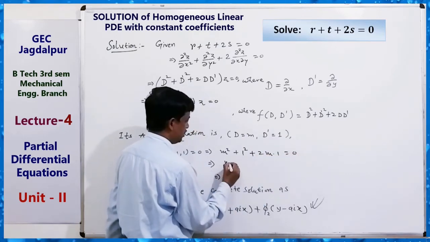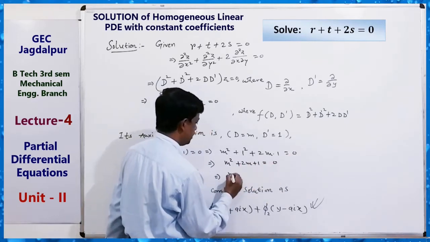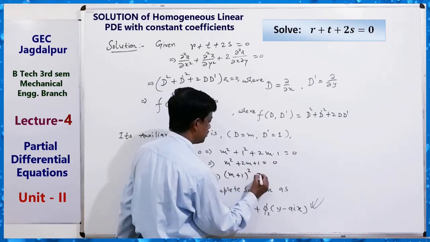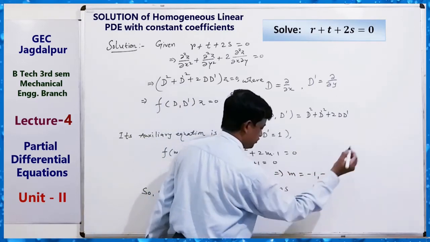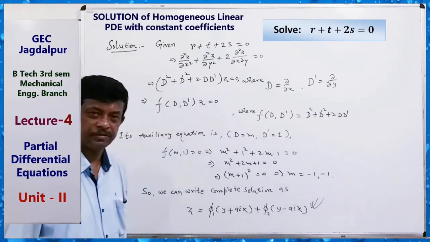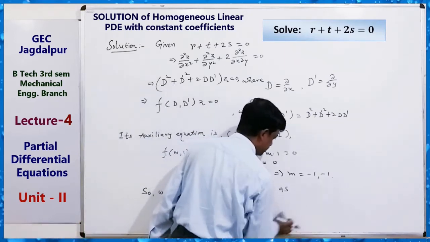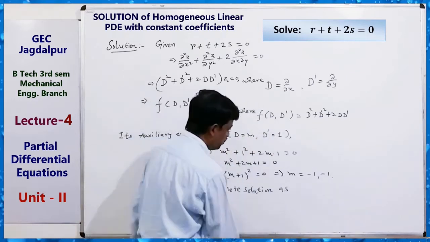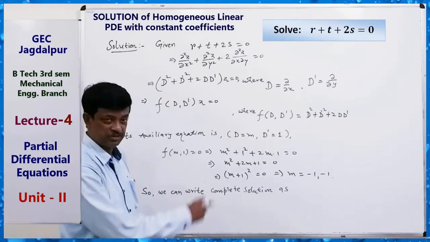That is m² + 2m + 1 equals 0, so (m + 1)² equals 0. That is m equals minus 1, minus 1. Clear? So we can write here real and equal roots, repeated roots.